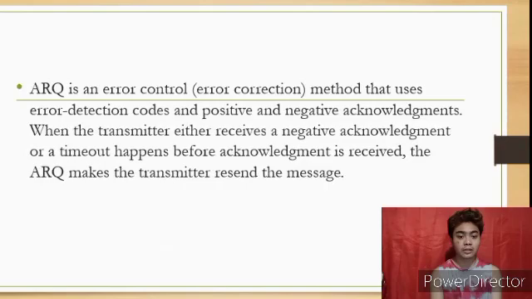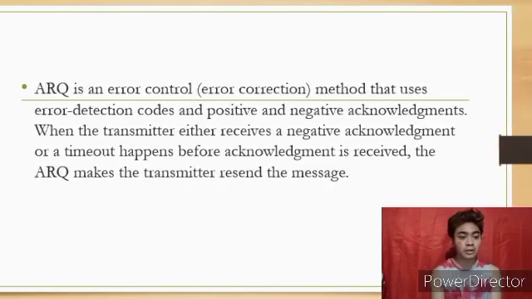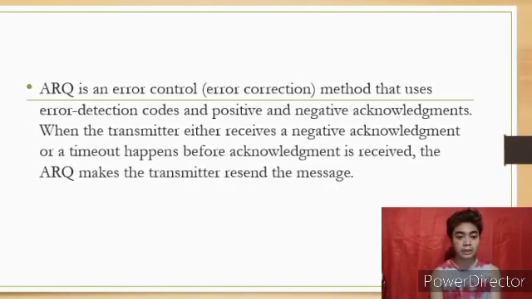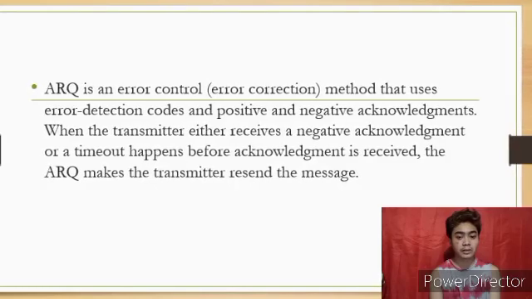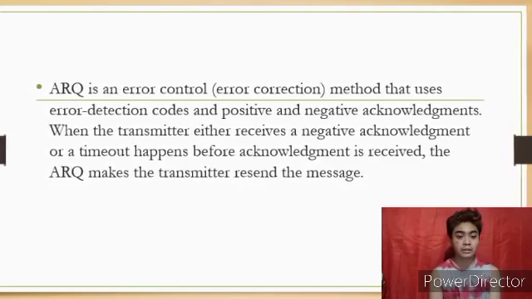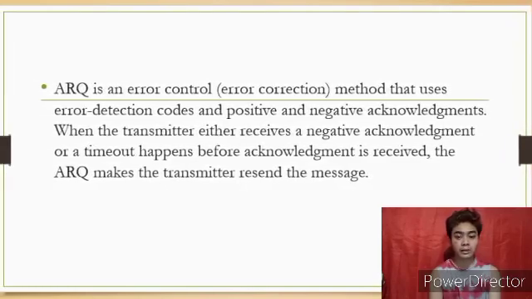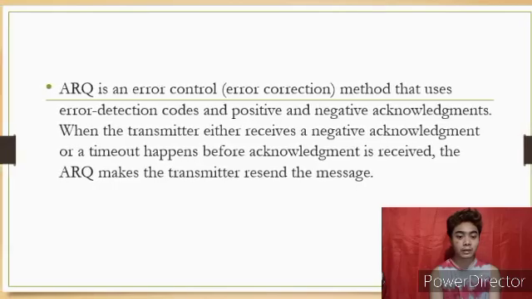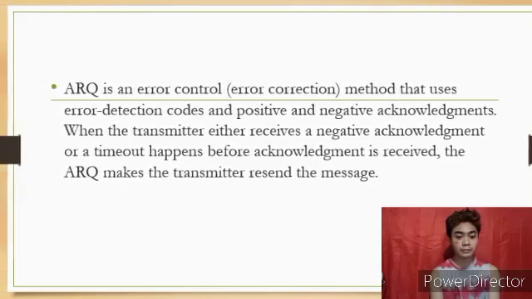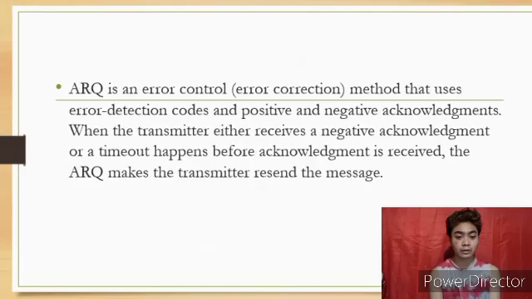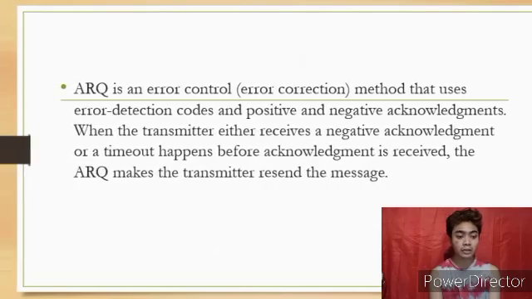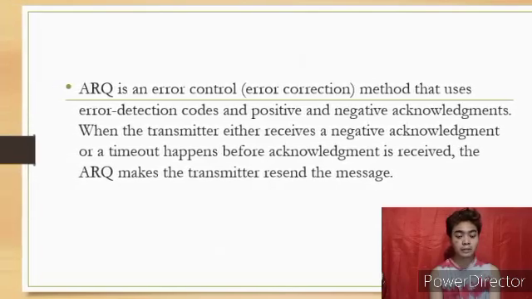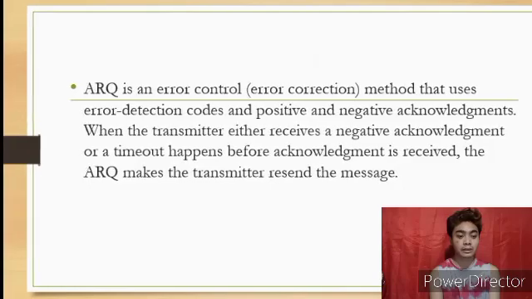ARQ is an error control method that uses error detection codes and positive and negative acknowledgements. The transmitter retransmits when it either receives a negative acknowledgement or a timeout happens before an acknowledgement is received. Error correcting code or forward error correction is a method that involves adding parity data bits to the message.